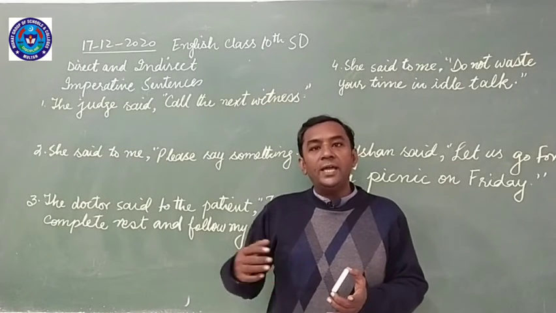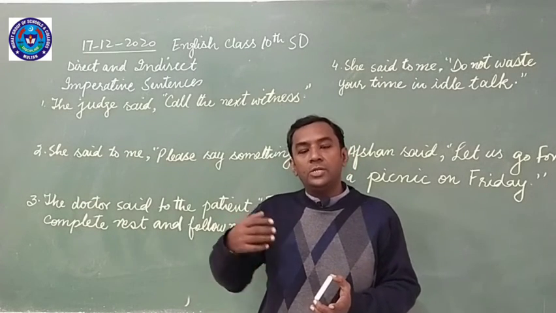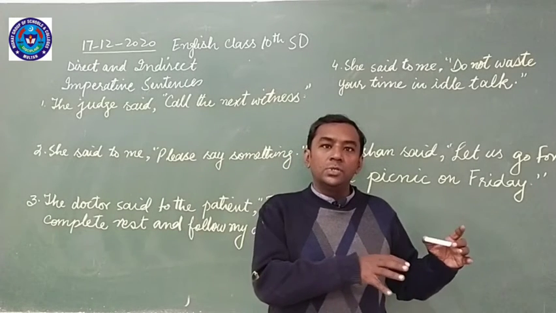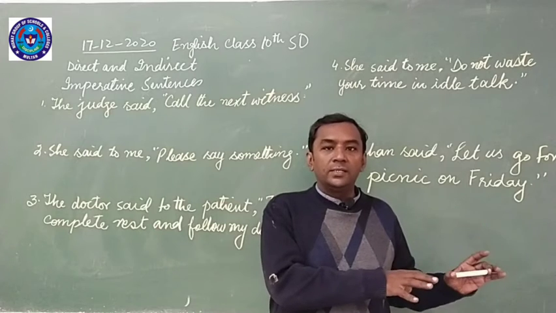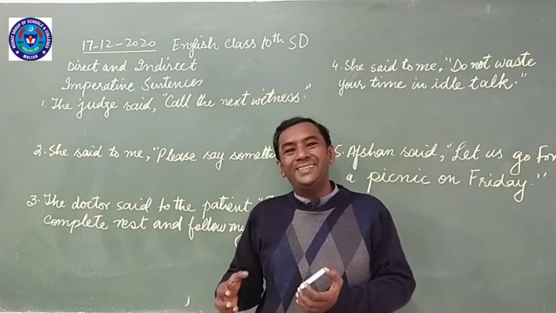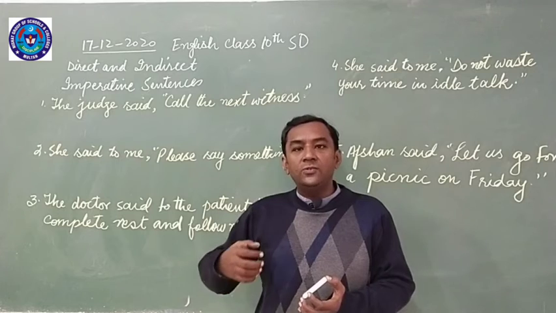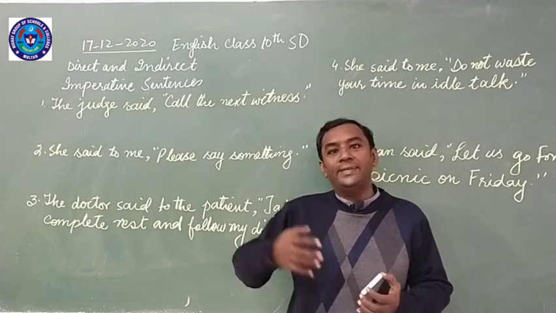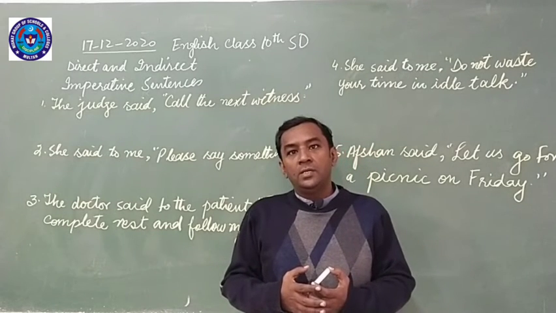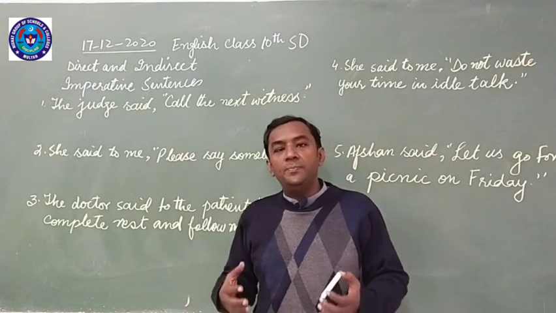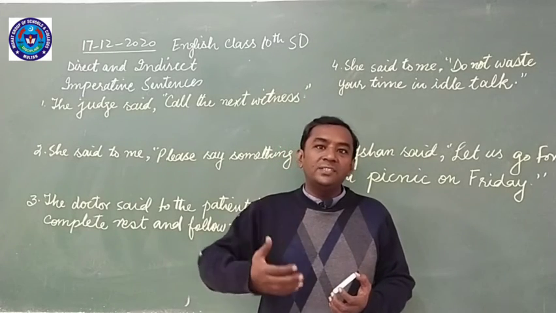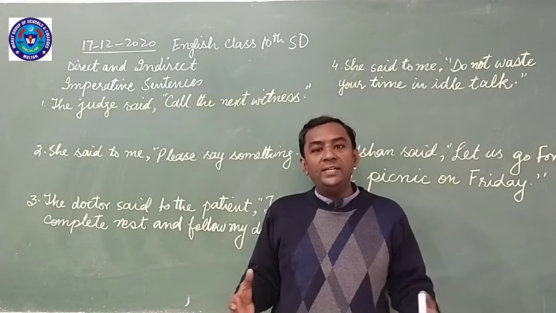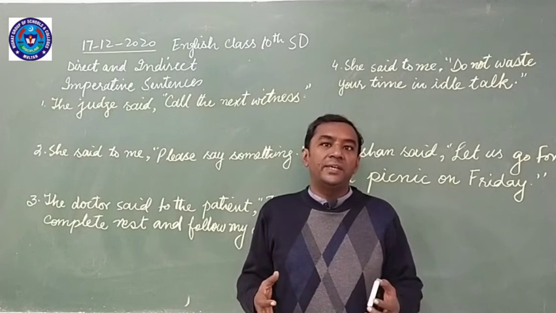Second, a request, or a stop from some work, or another option is that there is a suggestion, and I must say there is also advice in imperative sentences. The identification of an imperative sentence is that it always starts with a verb. You will see that imperative sentences always start with a verb.